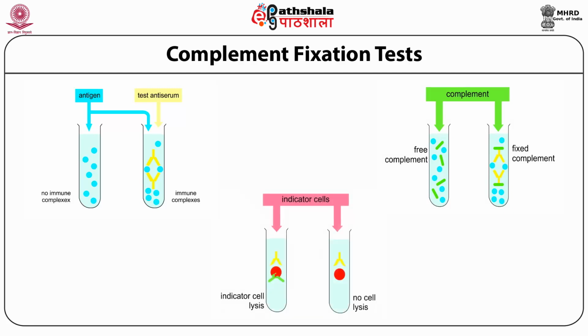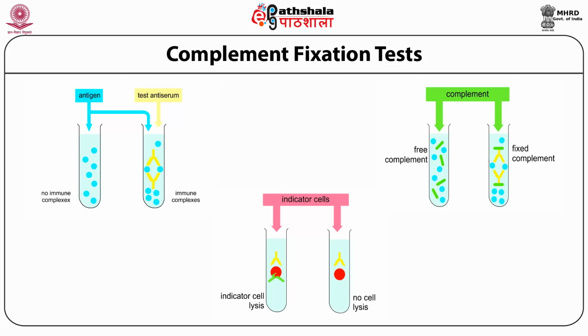In the final step, indicator cells, that is the red cells or RBCs, together with a sub-agglutinating amount of antibody, that is the erythrocyte antibody, are added to the mixture. If there is any complement remaining, these cells will be lysed. If it was consumed by the immune complexes, there will be insufficient complement to lyse the red cells.